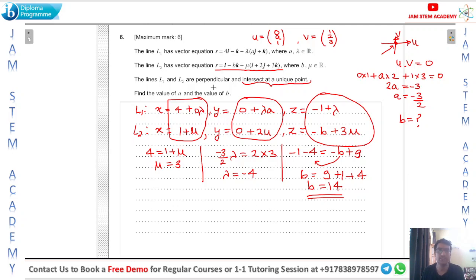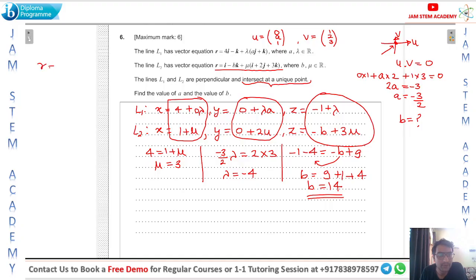That's it. So in this way, we can simplify these questions. For these types of questions, you use the concept that if the dot product is 0, then the lines are perpendicular, and you have to take their direction vectors only.